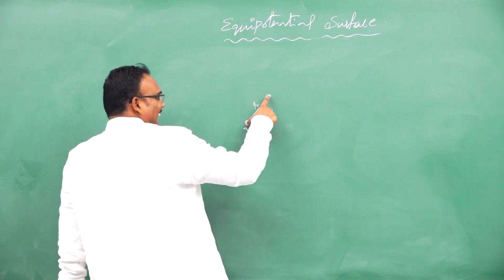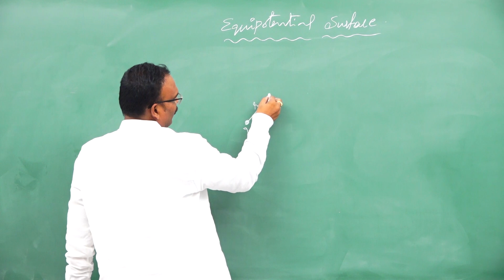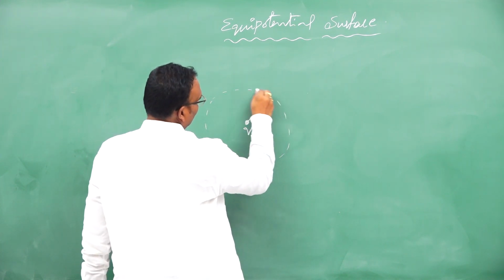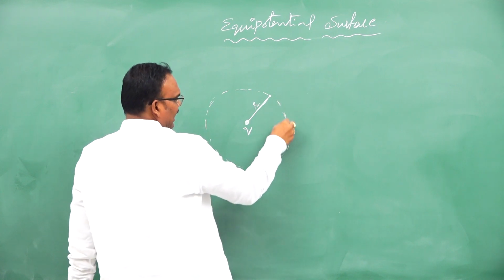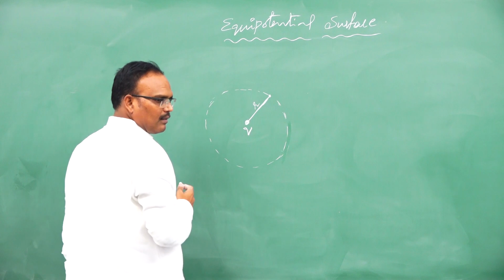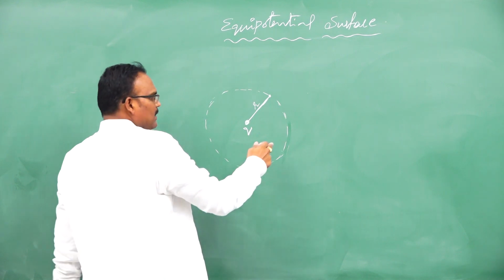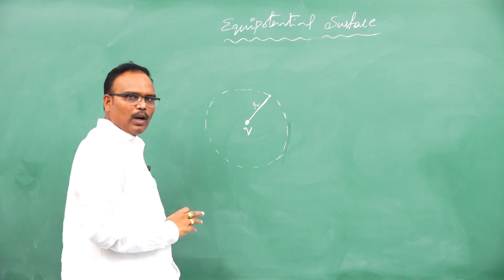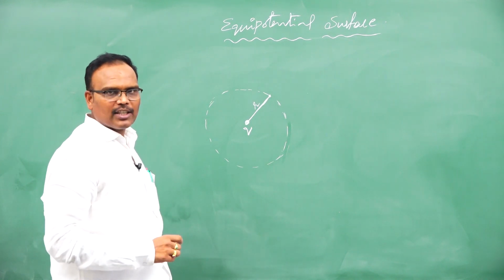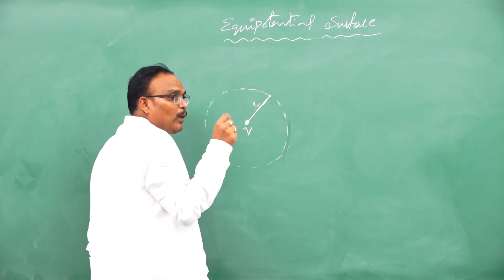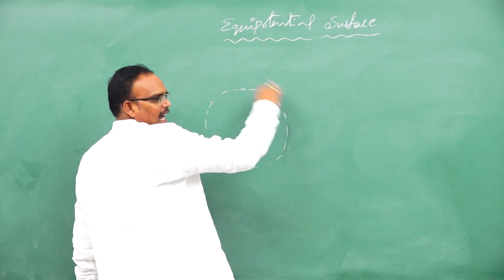By taking this r as a radius, if you construct a sphere, you select any point on this sphere which is at a distance r. That means potential here and potential here are the same. Potential is a scalar quantity. Here there is no direction. So that's why for a point charge, the equipotential surface is a sphere.